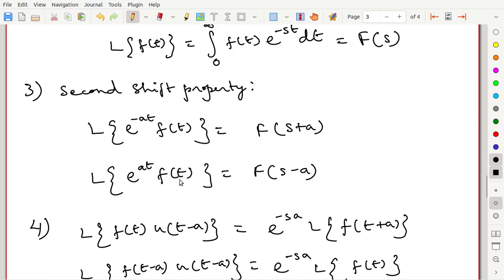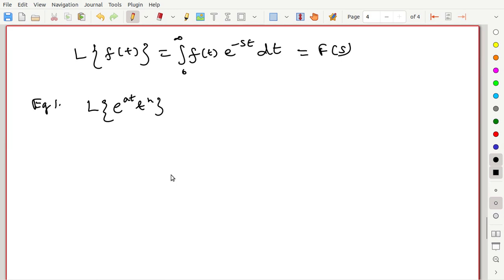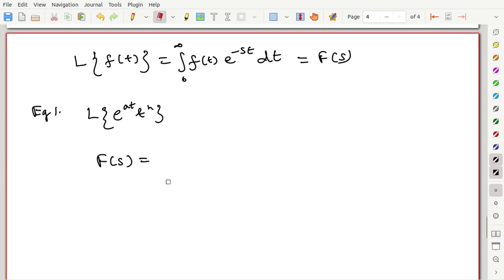Whenever we have e power at f of t, we have to find F of s first, which is nothing but L of f of t, the integral from 0 to infinity. Here we take f of t as t power n.